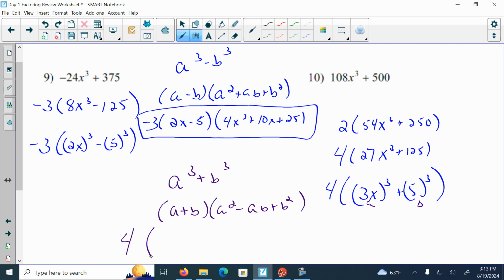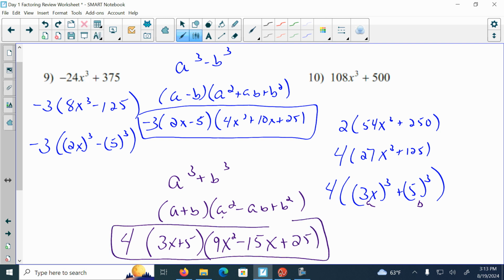And I'm going to have 3x plus 5, and then 3x squared. So that would be 3 squared is 9, x squared is x squared, minus, multiply those two, which is 15x, plus 5 squared, which is 25. And that is my final answer. Don't forget this 4. That's one of the biggest mistakes.